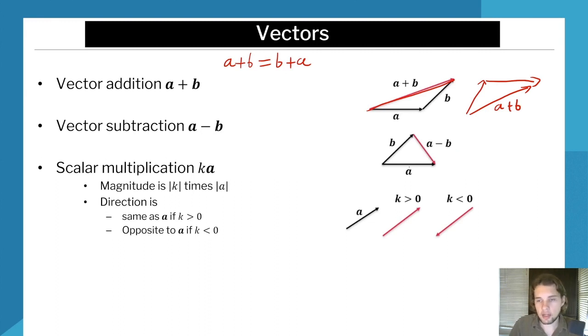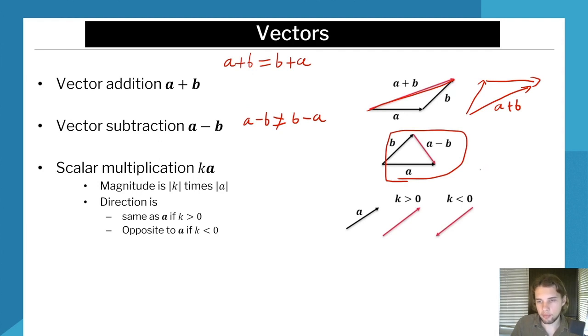Now, vector subtraction is a little more interesting to look at. If we subtract b from a, we get the vector that goes from where b ends up to a, if you place them geometrically like that, starting at the same location. So that means it isn't commutative. a minus b does not equal b minus a, because let's instead do this line as b minus a.